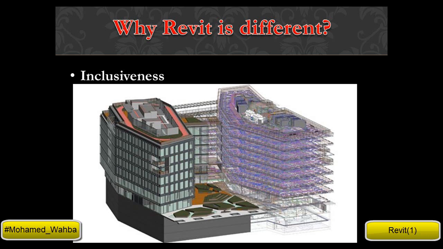For example, architects can model their structure, combine it with the civil engineer's work, and send it to the electrical engineer to do his work, and so on. We can make a kind of cooperation and integration between many specialists.